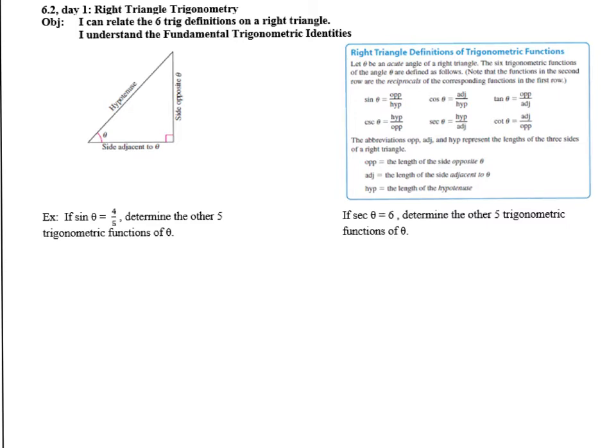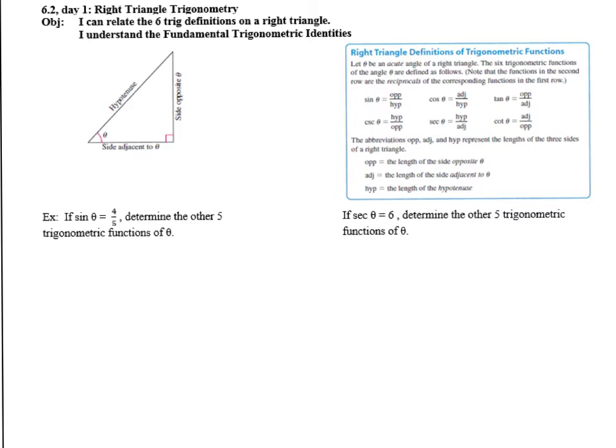They're listed there in the box. You can see them. We've got 6 of them. They come from looking at an angle. Right now we're defining it as an acute angle because we're working within the context of a right triangle, okay? Later on in chapter 6, that'll change, okay?